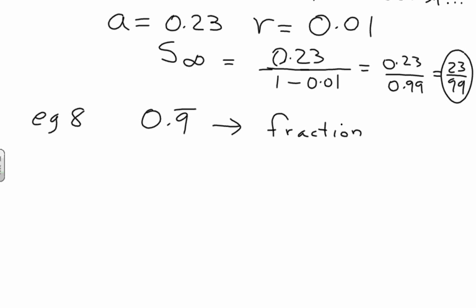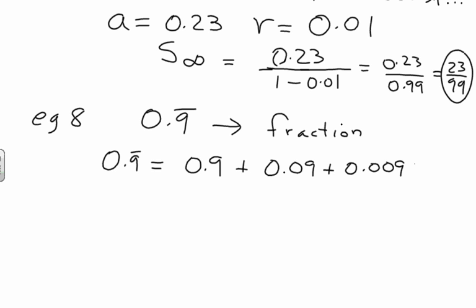Suppose I wanted to change 0.9 repeated to a fraction. What would it be? Write it out. First term would be 0.9. Second term, 0.09. Third term, 0.009. So it looks like we have an A of 0.9 and an R of 0.1.